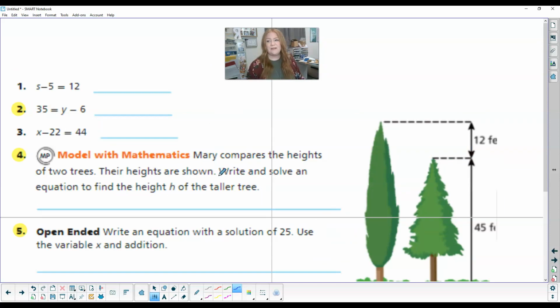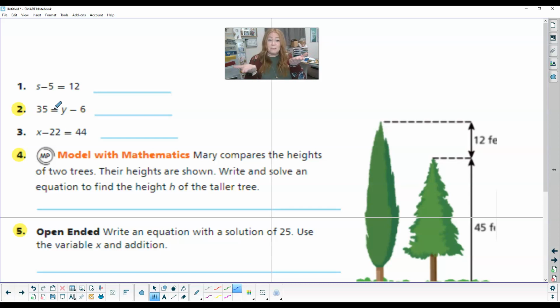So for page 285, you have to choose any 7 problems. So I've just picked a few. I don't even know if it's 7, but I think you can do most of them. So let's look at this one here. It says 35 equals y minus 6. So lots of times we're used to seeing the answer at the end. This equal sign doesn't mean solve it. It just means these are the same.